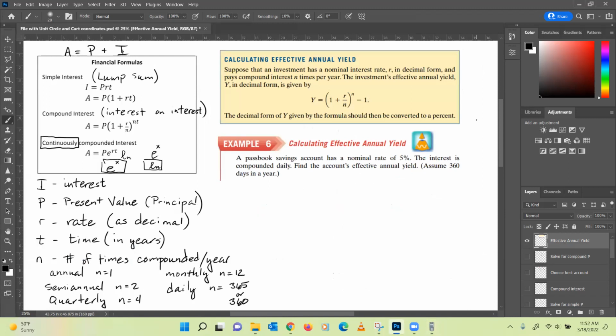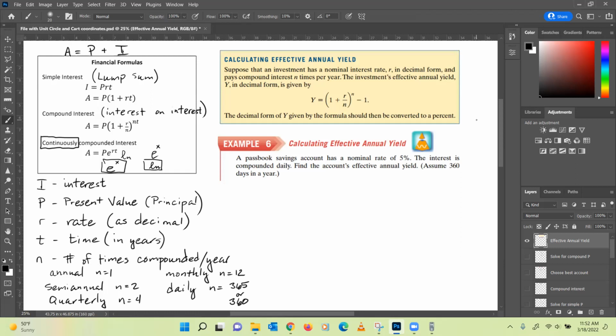And it says, suppose that an investment has an interest rate and pays compound interest so many times per year. Effective annual yield is the percentage rate that I would need on a simple interest account to give me the same amount of interest that I'm making on my compound interest account.